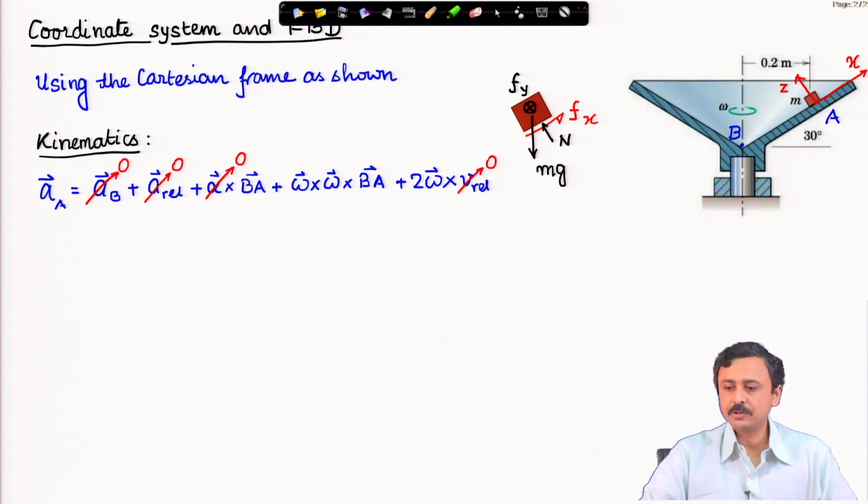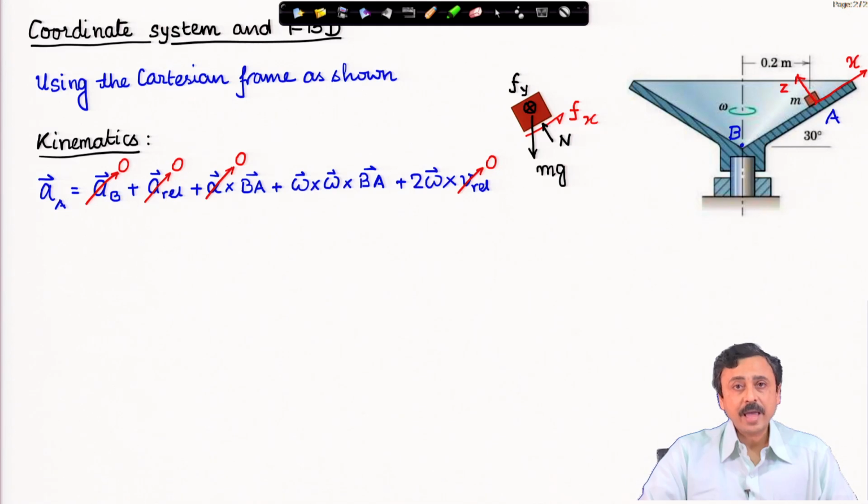Here, first thing you notice is that if the block is not slipping on the surface, then the block is sticking to the dish, and therefore, the block is as if a part of the dish. Therefore, A and B are parts of the same rigid body. Therefore, A rel vanishes and V rel vanishes.